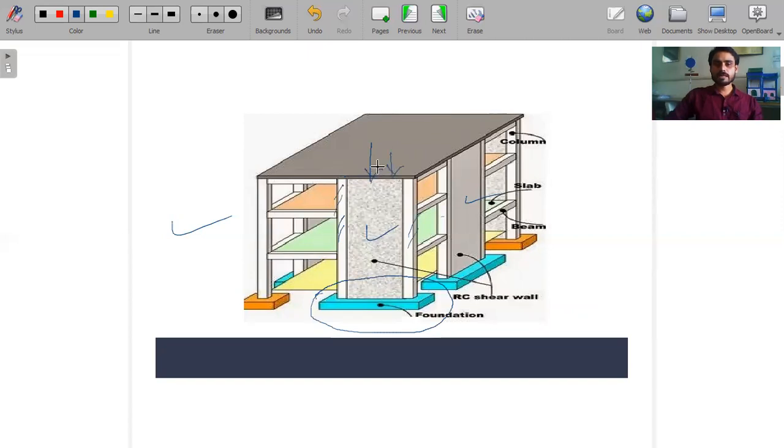If vertical load is applied on it, it will work like a column, so the column concept is used here for the design of the shear wall for vertical loading.